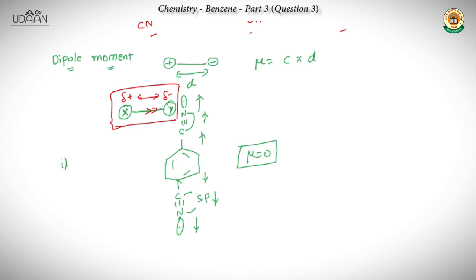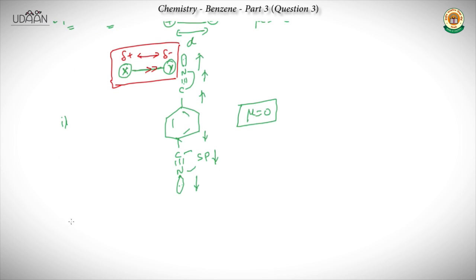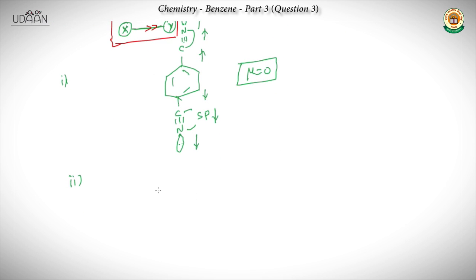Now let's move to the second part of it, where you have two OH groups instead of two cyanide groups. Now, unlike cyanide groups, the oxygen atom here is sp3 hybridized.